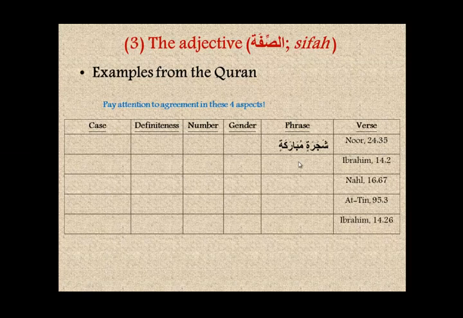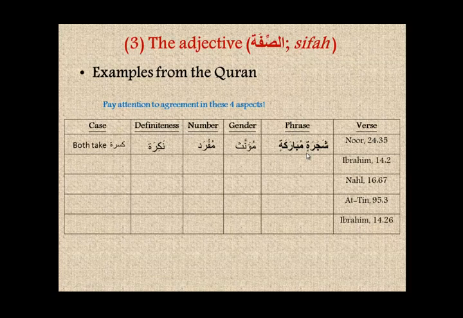Gender: both of these words, the ism and the sifa, are feminine, mu'annath. We are talking about a mufrad or singular, and both are indefinite because of the tanween, both are nakirah. And the case ending: notice how both take a kasratan, a kasrah at the bottom.